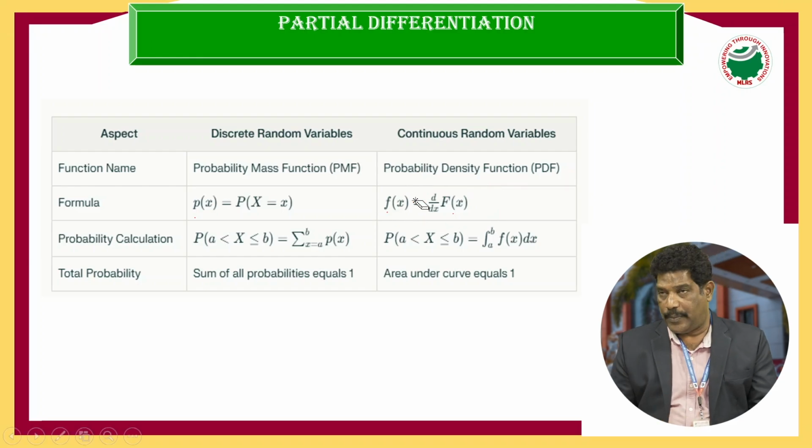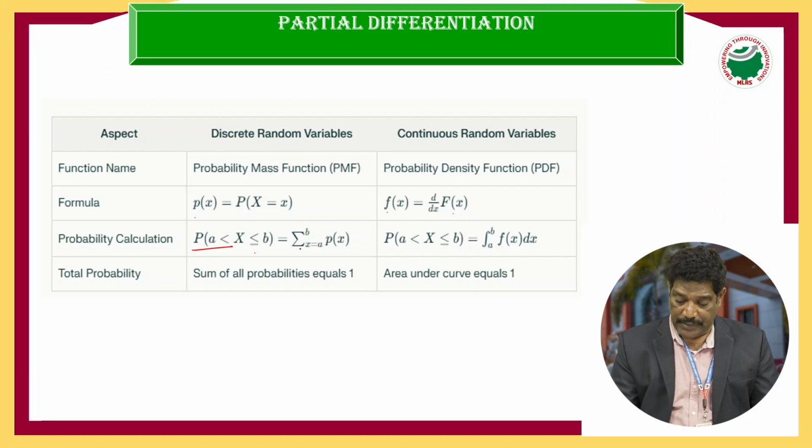And how to calculate the probability? Generally, probability of a less than or equal to x less than or equal to b equals the sum of p of x from x equals a to b. So if you want to find the probability from a to b, we just add all the probabilities.